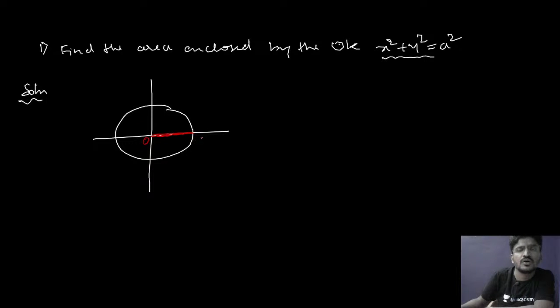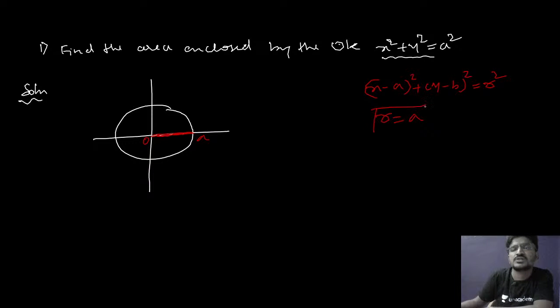from 0 to a, because this is x minus a whole square plus y minus b whole square equal to r square, where r is equal to a. That's why this is the length of the radius. You can just calculate the area enclosed by circle means if I multiply this area with 4, so that you will get all the complete area.